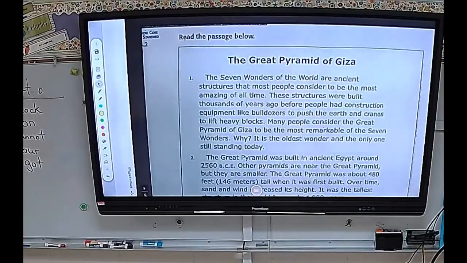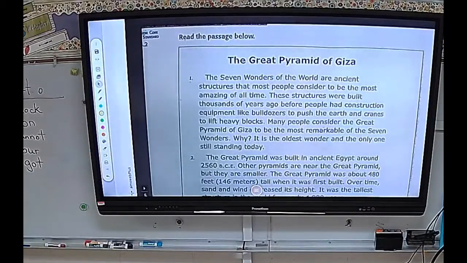Many people consider the Great Pyramid of Giza to be the most remarkable of the 7 wonders. Why? It is the oldest wonder and the only one still standing today.